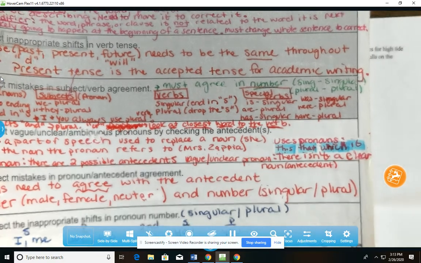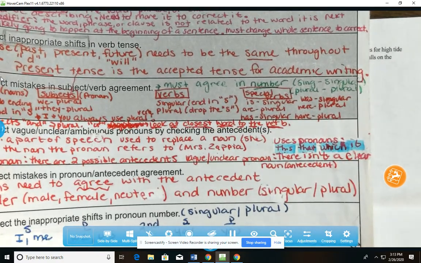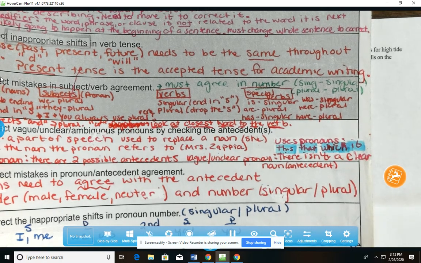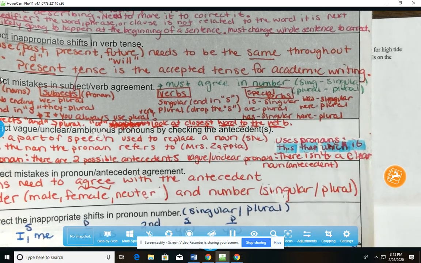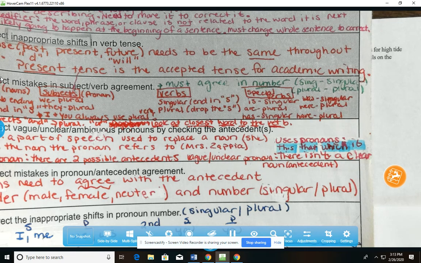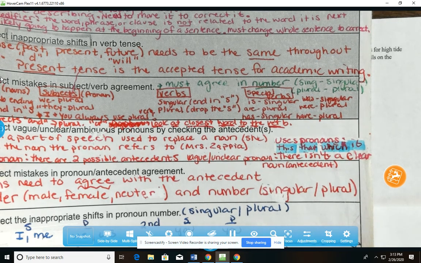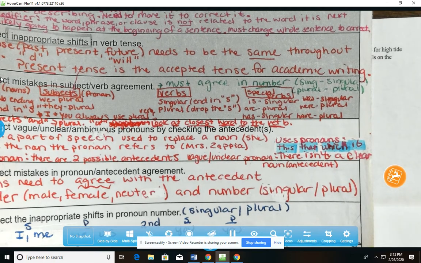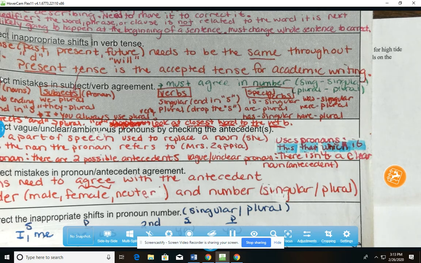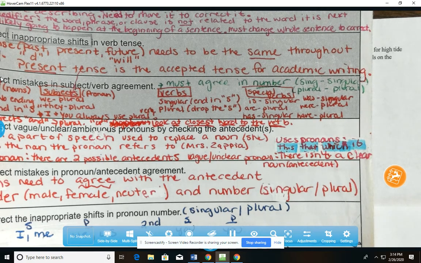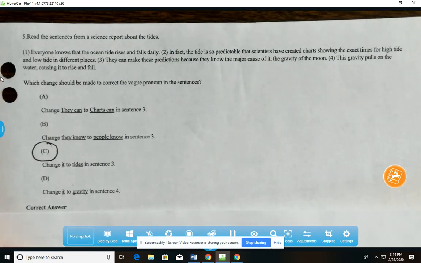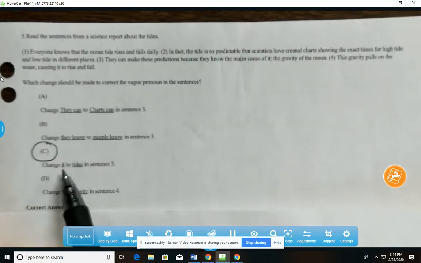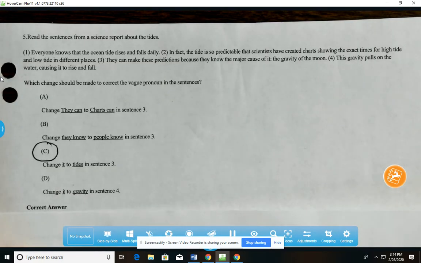Not saying that's always going to be the case, but if we're looking at options, I'm going to start with checking one of those 4, just because they're the most common culprits for having vague, unclear, and ambiguous pronouns. And especially, in fact, since the correct answer is the word it being used vaguely.